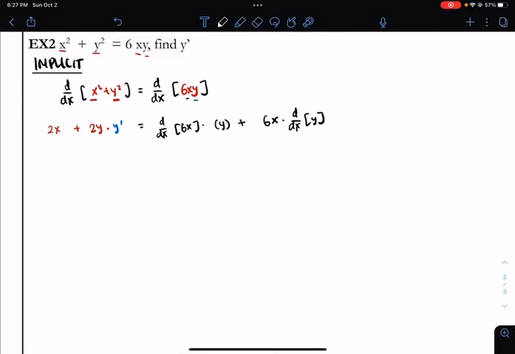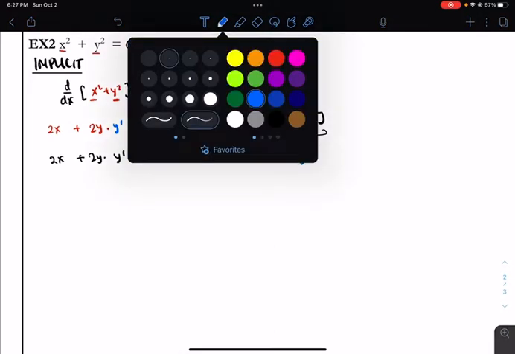So on the left we have 2x plus 2y times y prime, and on the right this becomes 6, this becomes just y, plus this itself becomes y prime, because the derivative of y is just y prime.